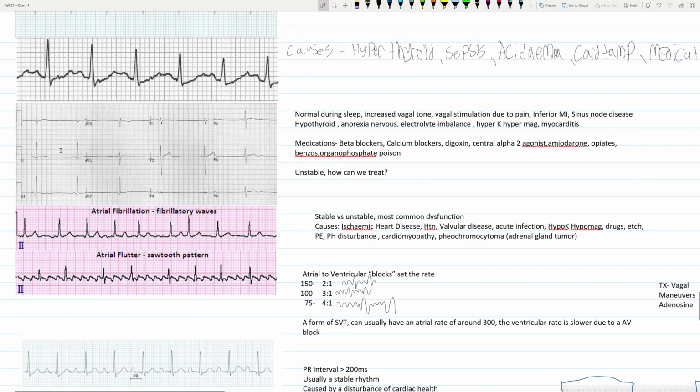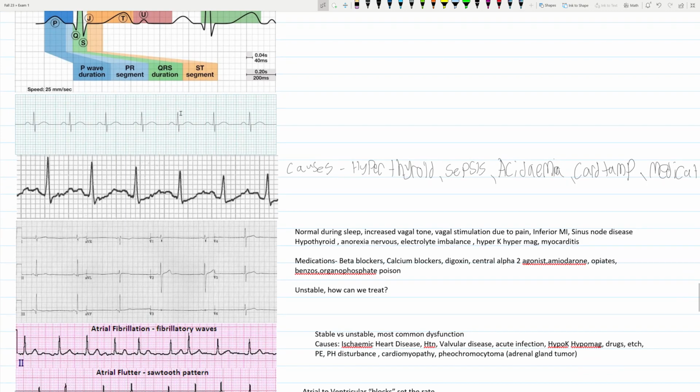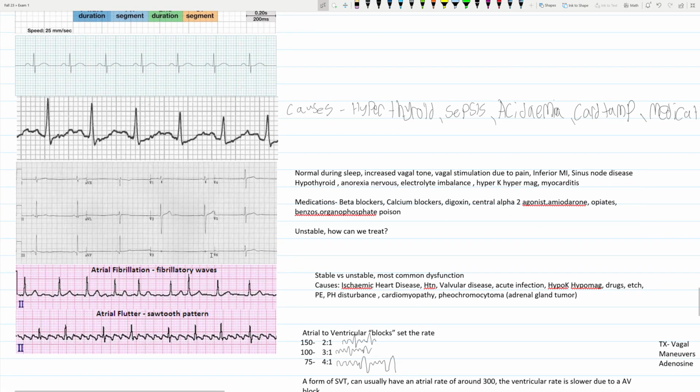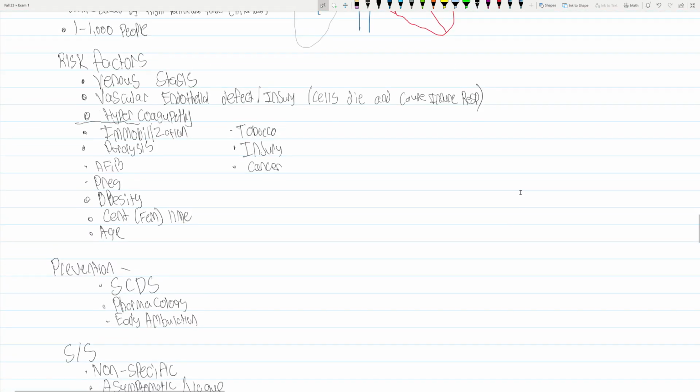Okay, so medications to look out for. If they're taking some of these medications, or if you are bradycardic, you might not want to give any of these because it's going to drive the heart rate even further down. Beta blockers, calcium channel blockers, digoxin, central alpha 2 agonists. Okay, so alpha 2, remember going back, let's just find our little diagram here.